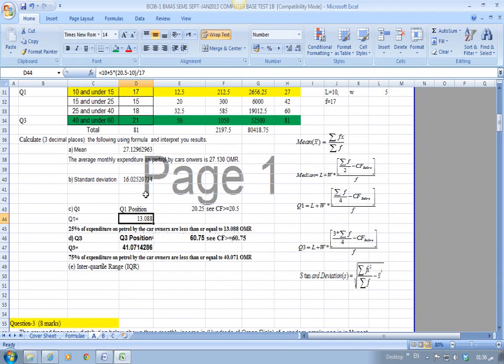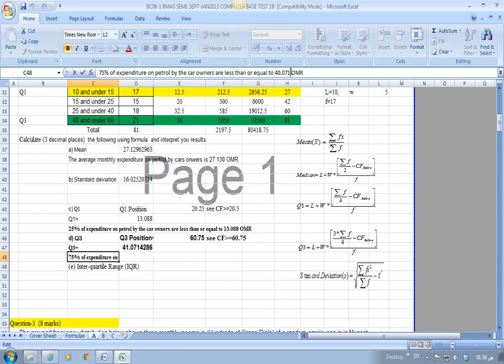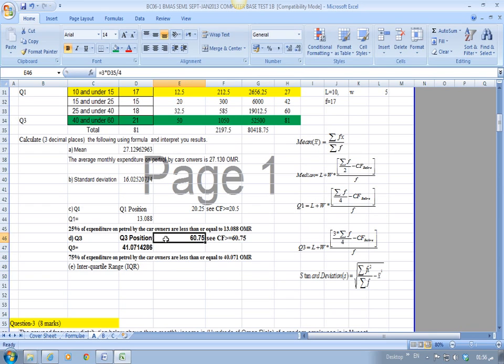And this one, so 75% are less than 40.71. Okay. And this one also 3 decimal places. Right click.